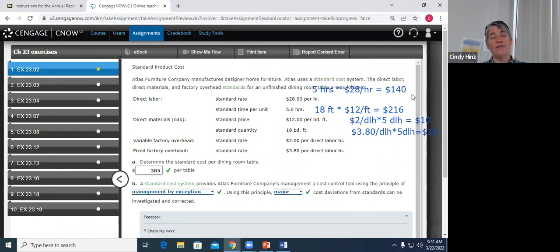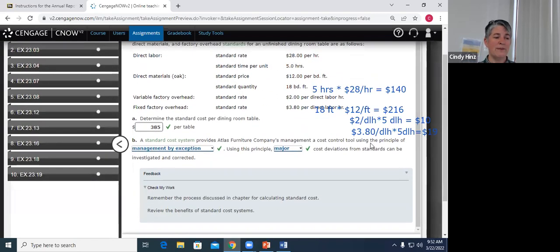If our policy is we only look at the big picture and then only investigate major differences from that big picture, it may be masking something that is a problem for us. In my example, I said the direct materials comes in under budget.